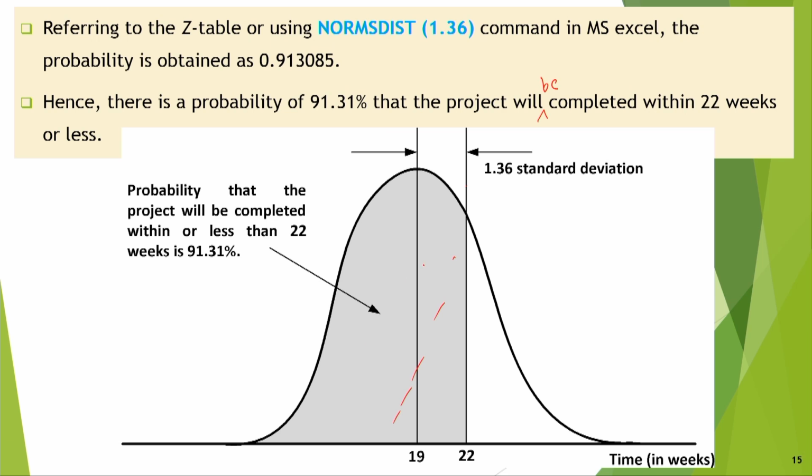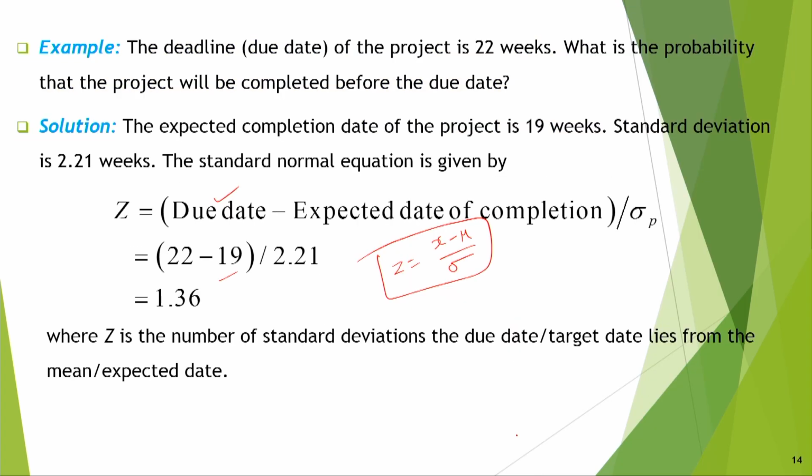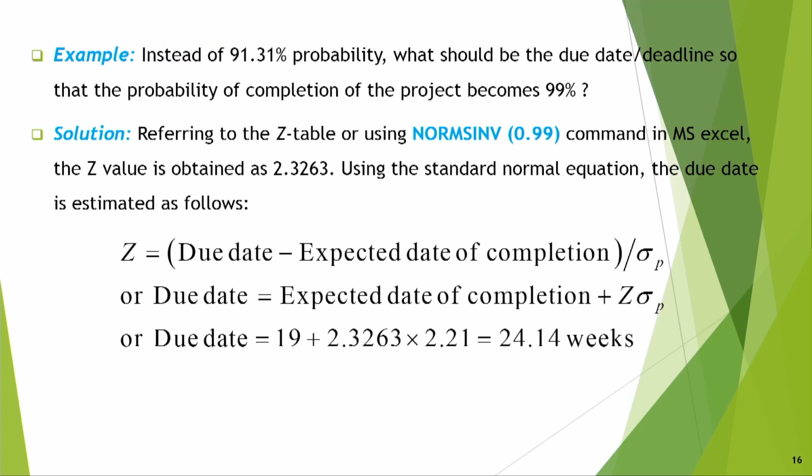That means this area is only 91.31%. I need to find something which will give basically 99% area. What am I asking? The probability that the project will be completed before the due date is 99%.